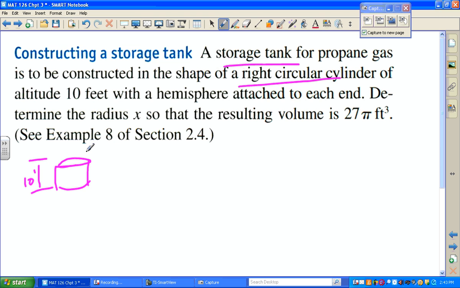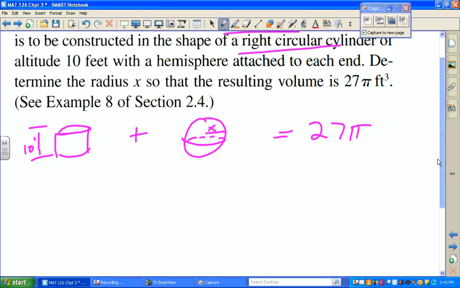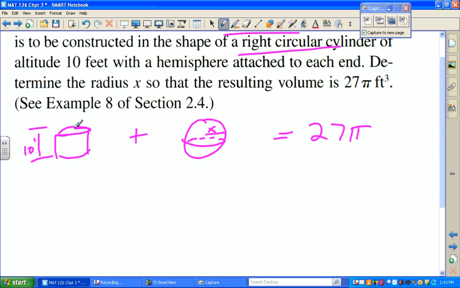Well, if you attach a hemisphere at each end, what geometric shape would that be? 2 half spheres or 1 complete sphere. And it says determine the radius, which is x. So the resulting volume is 27 pi cubic feet. Well, this x and this x have to be the same, don't they, since they match up together?